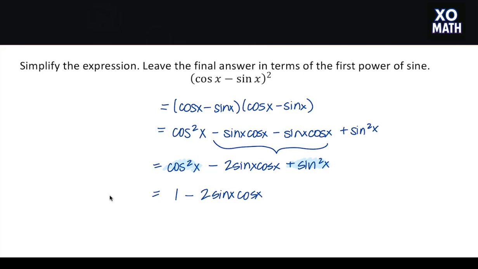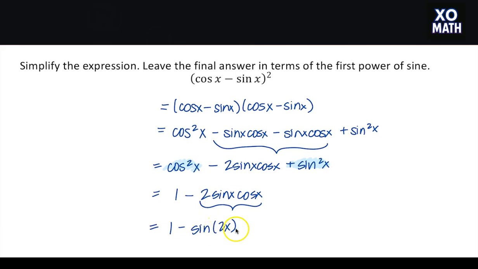So we've gotten rid of two issues here because we want to get everything down to the first power of sine. All right, well here I have a cosine that's to the first power. To get rid of this, what I want to recognize is that 2 sine x cosine x is exactly the double angle identity for sine. So I have 1 minus sine of 2x.